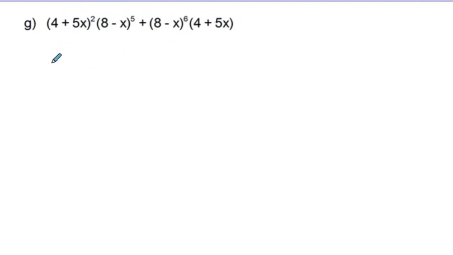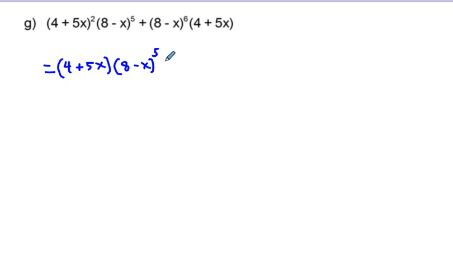So our greatest common factor between these two is just going to be 4 plus 5x. And then we look for this 8 minus x. Well, we have the 5th power here and the 6th power here, so our lowest one is the 5th power. So we have 8 minus x to the 5th power.